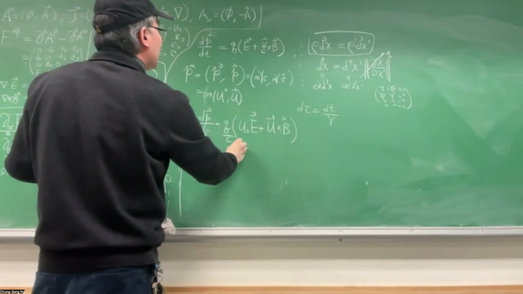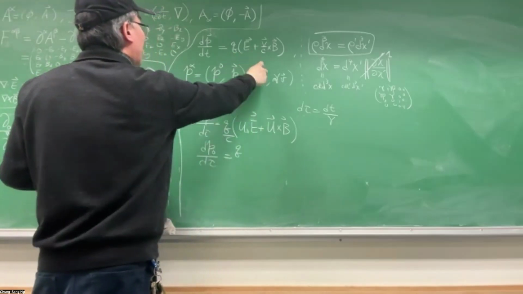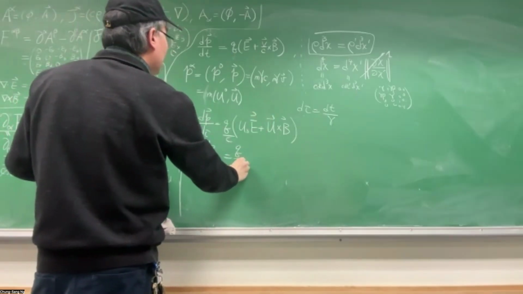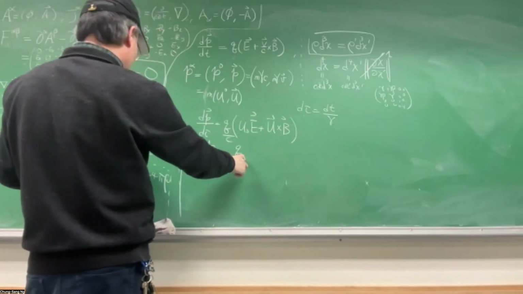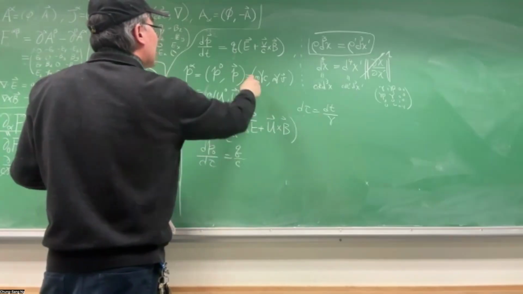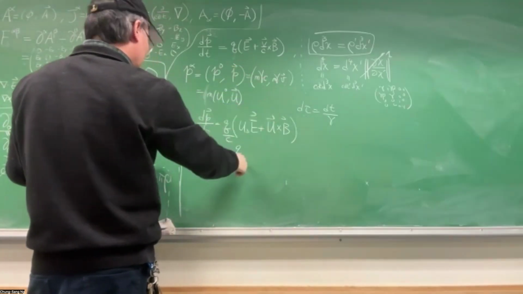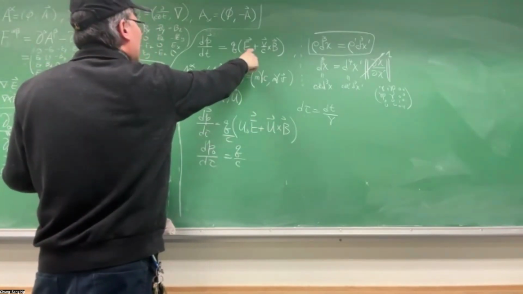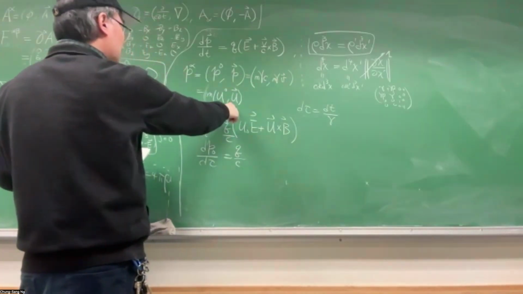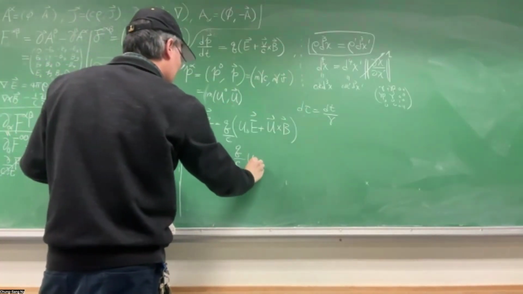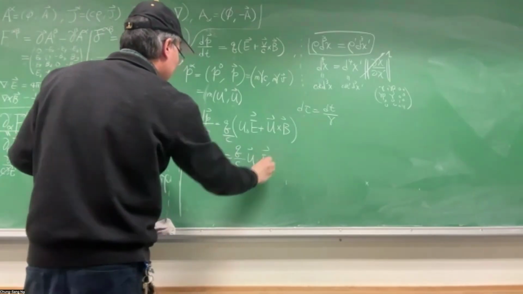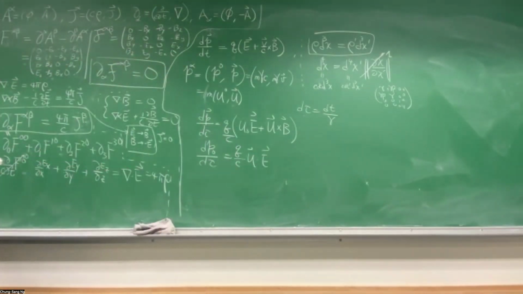This is like the force dotted with the velocity is the work done. So it becomes E dotted with the velocity U, this part, and E dot E. I'm going maybe a little too quick.